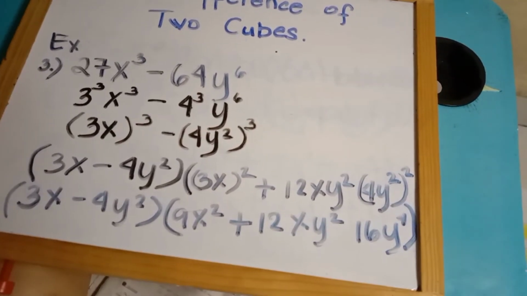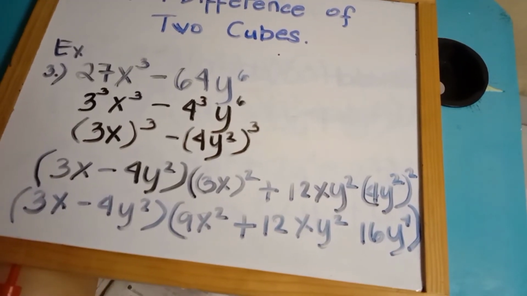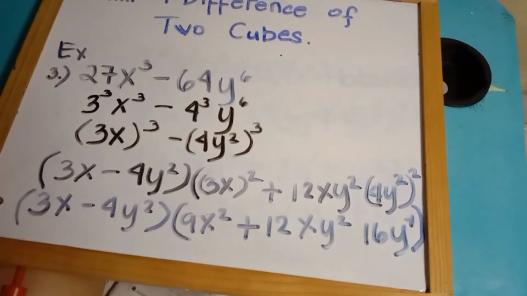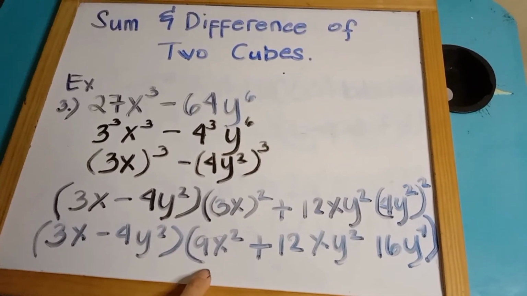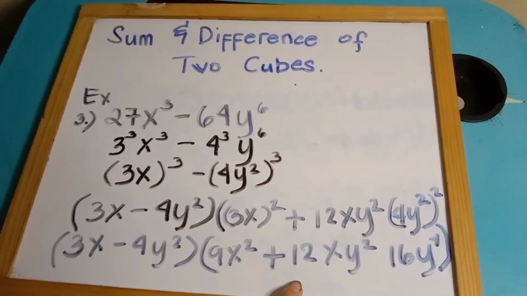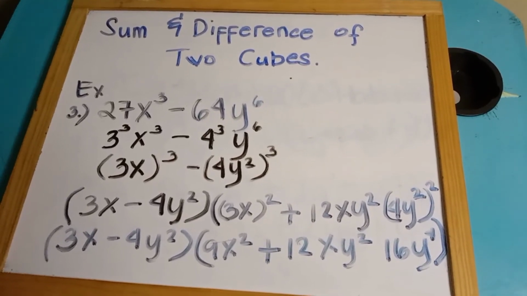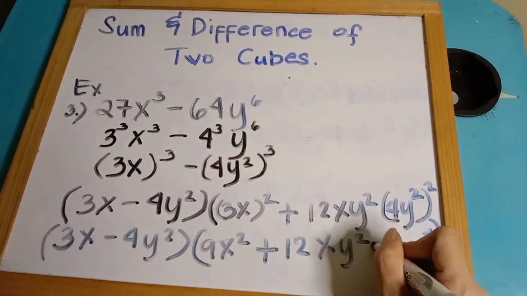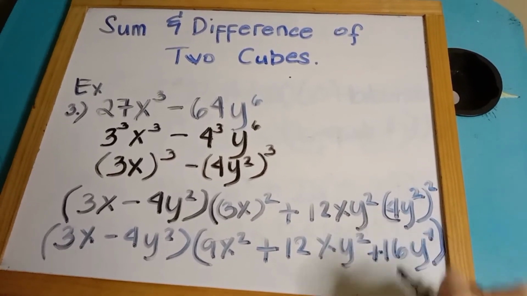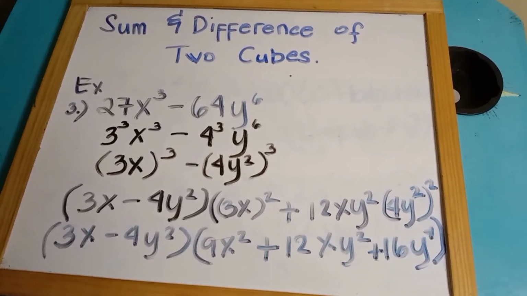So this is now the factor of our given example. 3x minus 4y times 9x squared plus 12xy squared plus, nakalimutan natin yung plus sign, so plus 16y to the fourth.